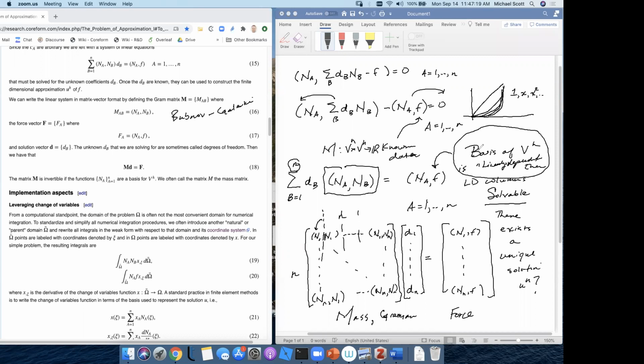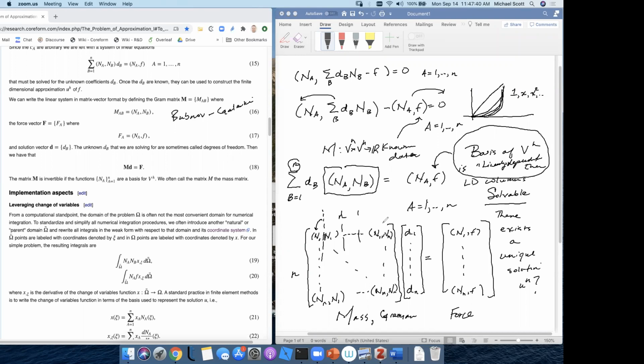And so if you were to build a matrix based on this basis and you had a high n, these columns would become more and more close to being linearly dependent, and it would become harder and harder to solve the problem.